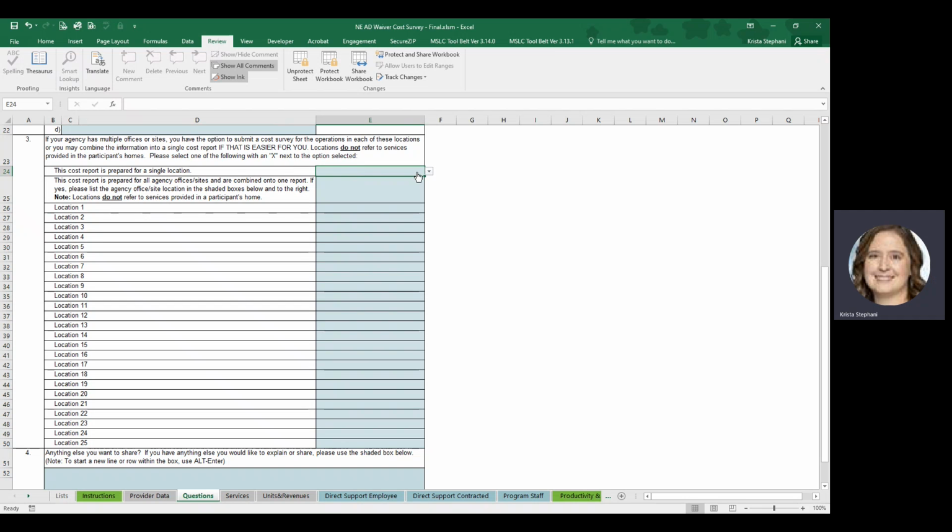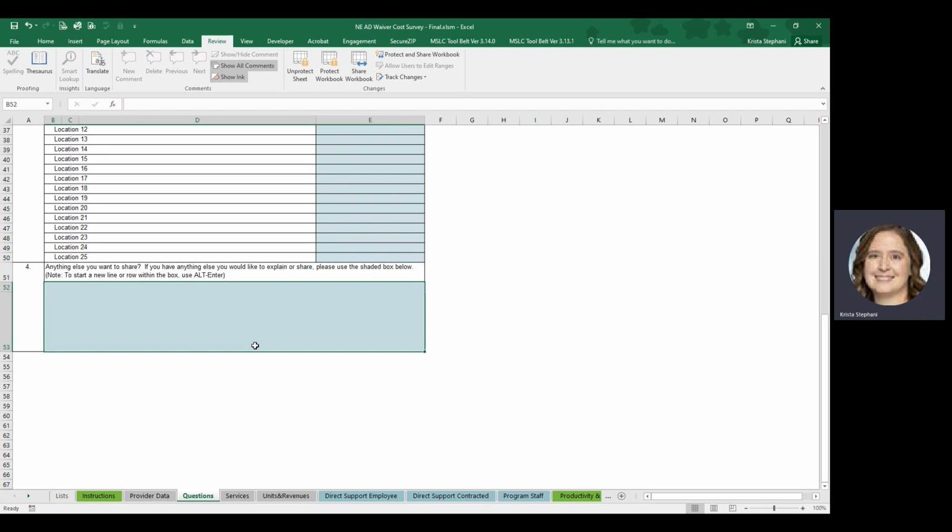Please indicate in the box here if it's prepared for one location or if it's for multiple locations. And if it's for multiple locations, please identify by indicating an address or location of each site that you are providing this cost survey information for.